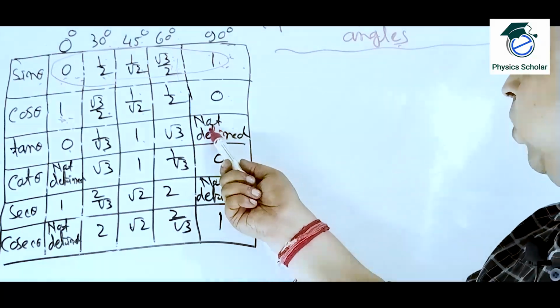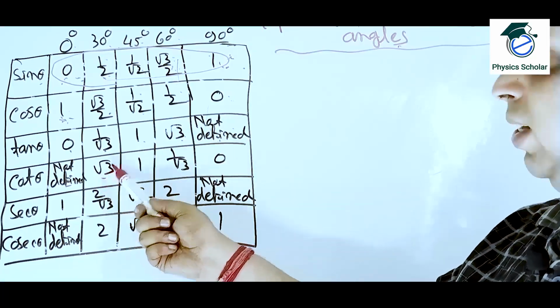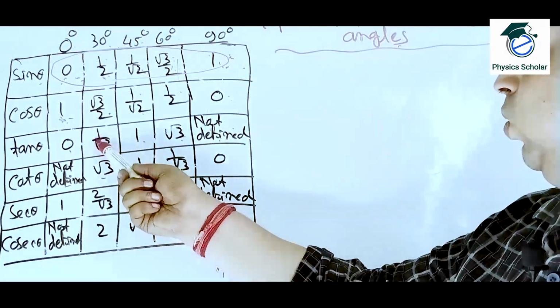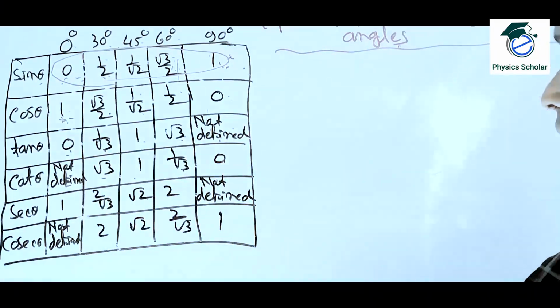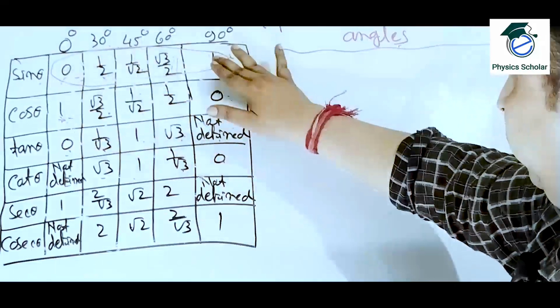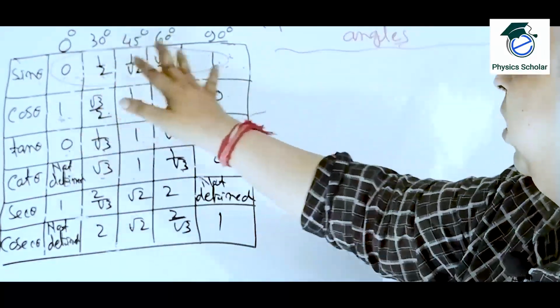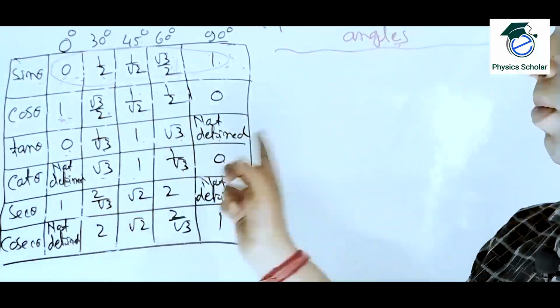Okay, so not defined will be here. Then what? Root 3, here it is root 3. Then what? 1, it is 1. Then 1 by root 3. Then 0, here it is 0. Clear? Just these two and these two. Whatever we are writing from here to here, it will be from here to this at first, then this, then this, then this, then this. Here it will be also same.